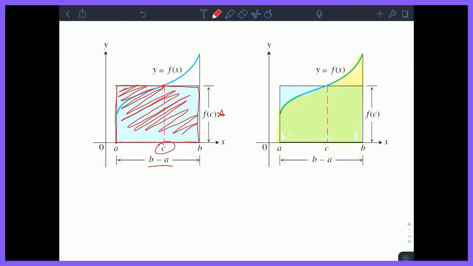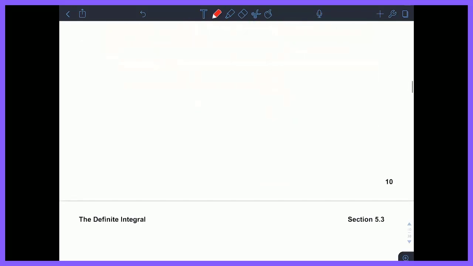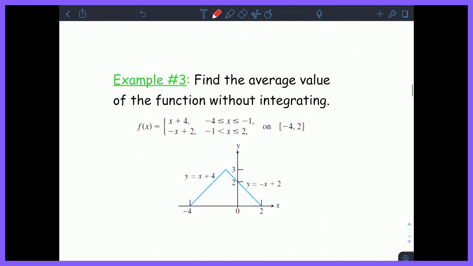It's really just some number between a and b, just like the mean value theorem for derivatives, okay? What we really care about, though, is f of c, the function value at c, the y value you get when you plug c into f of x. That's the cool value. That's what makes the rectangle's area identical to the integral. The mean value theorem assures that it will exist.